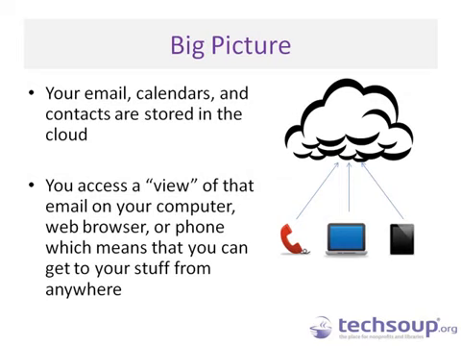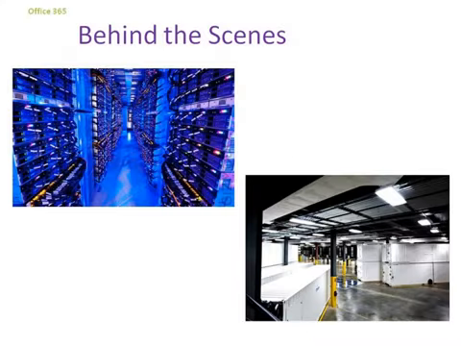It could be your laptop connected to the internet. It could be a tablet computer. It could also be your smartphone. All of your things are stored in the cloud, and you're just accessing it from wherever you're connected to the internet.